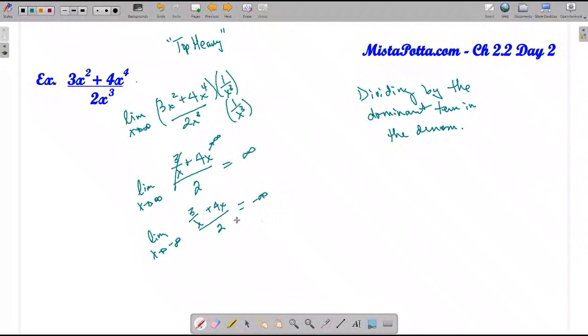And so the situation that we used to call top-heavy, I can actually show algebraically that the limit approaches positive infinity or negative infinity. So I end up with a situation with no horizontal asymptotes.